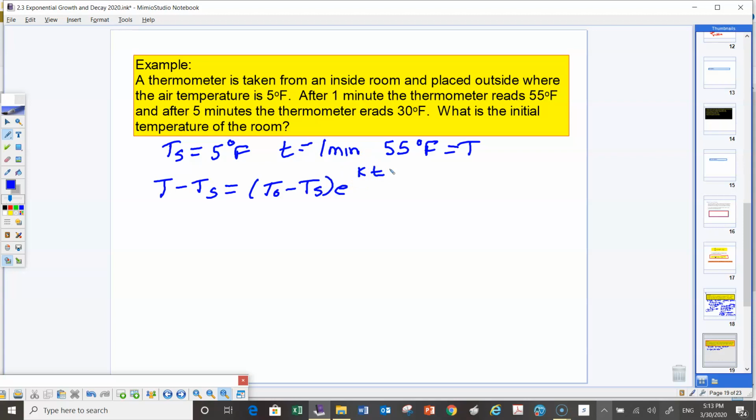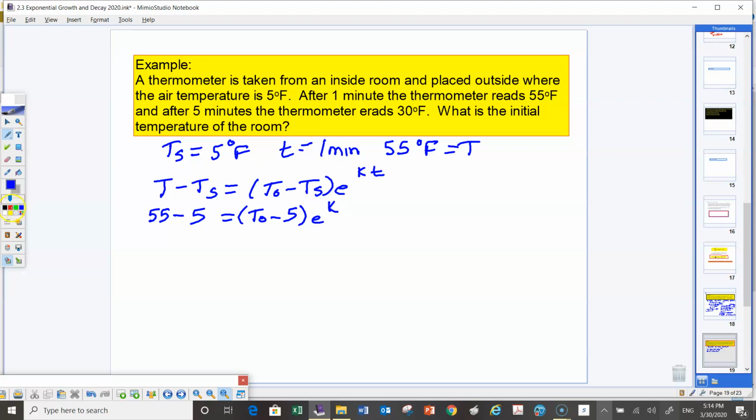So we're looking for To, and we know that the temperature after 1 minute was 55 degrees, and the temperature of the surroundings was 5. So 55 minus 5, which was the temperature of the surroundings, is To minus 5 times e to the 1k, because the time is 1 minute.